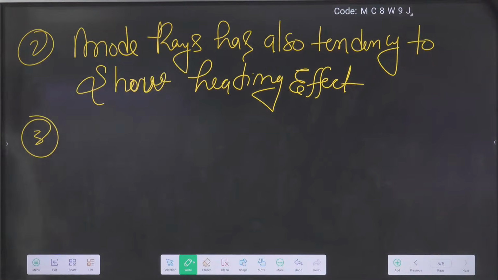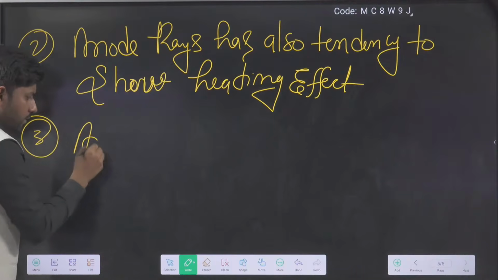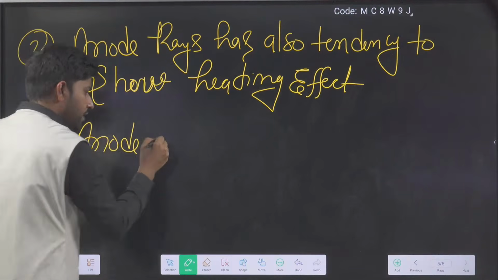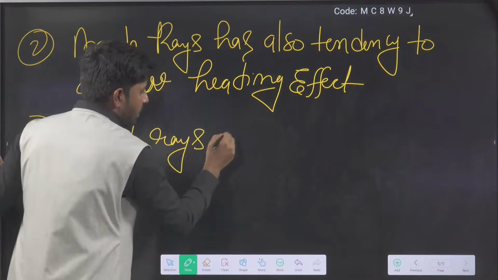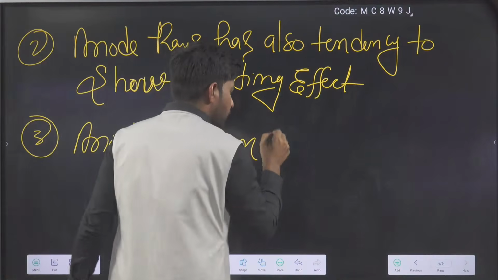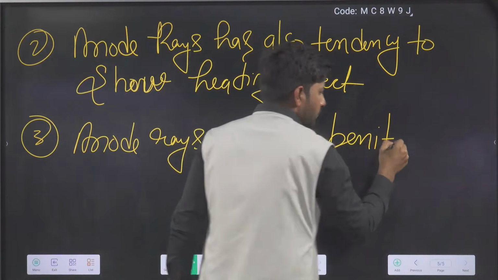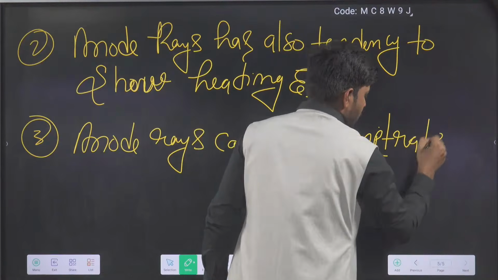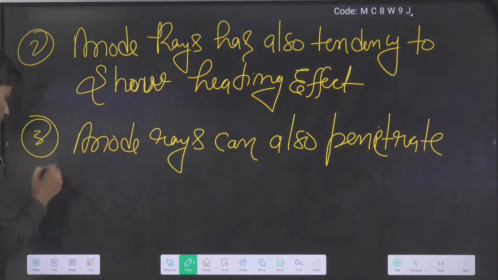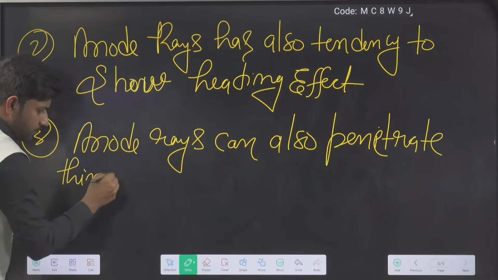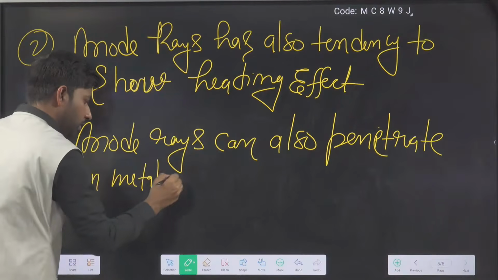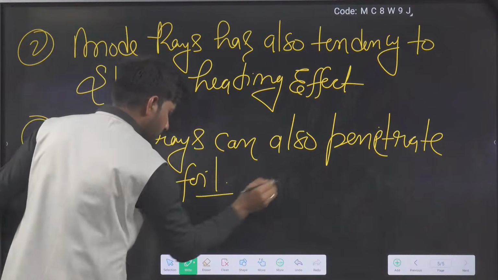Third, anode rays can also penetrate thin metal foil.